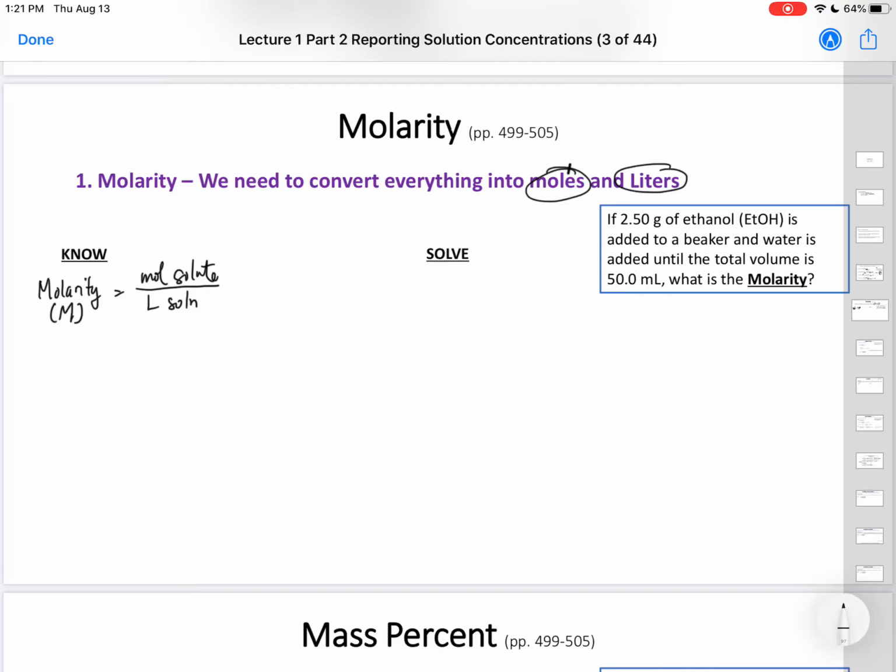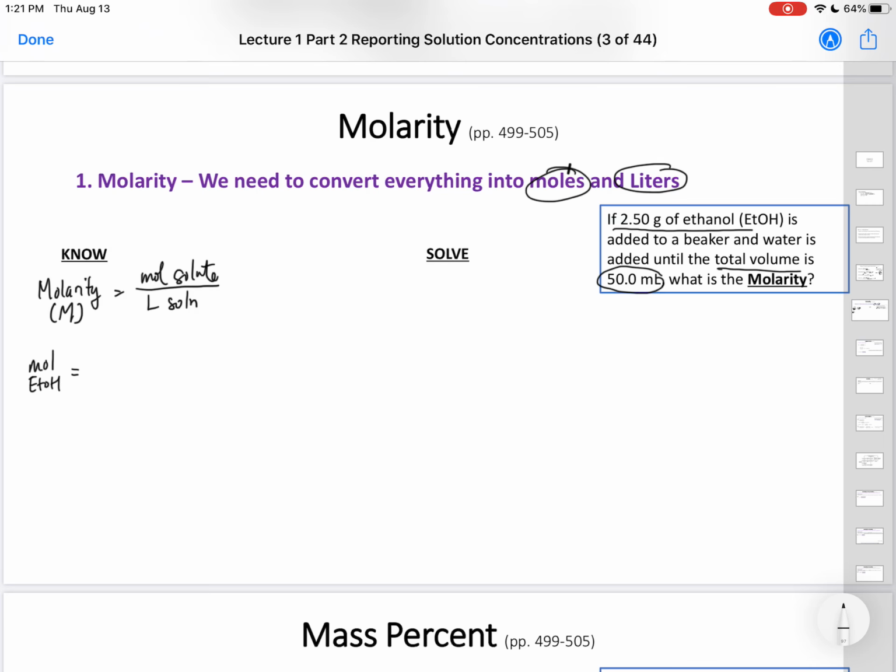So it says here, if you have 2.5 grams of ethanol, and it's added to a beaker, and then water is added until the total volume is 50 mL. Okay, what is the molarity? So let's write down what we know. Really we would like to know what is the moles of the ethanol, right? Because that's the solute. We're going to stick that in the top of our fraction there.